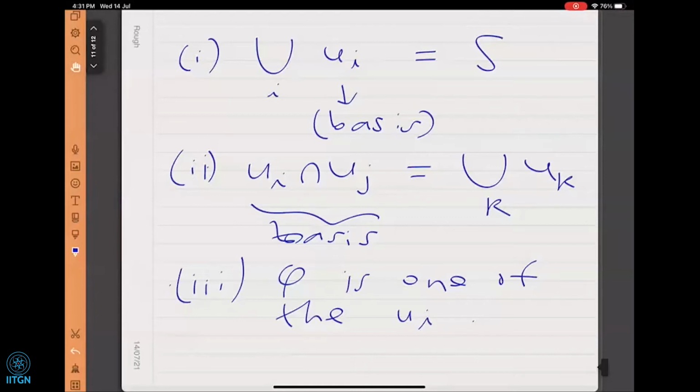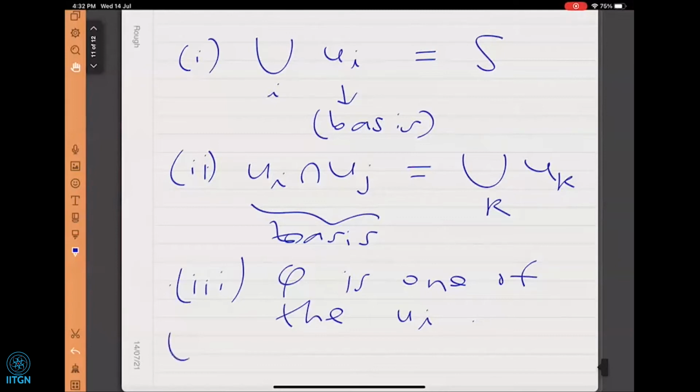The key point here is that we don't always need to specify the entire collection, capital U, of open sets to specify a topology. It's enough to specify a basis, which are all in this collection, capital U, and then understand that all the other elements of capital U, which I didn't list, are nothing but unions of basis elements.